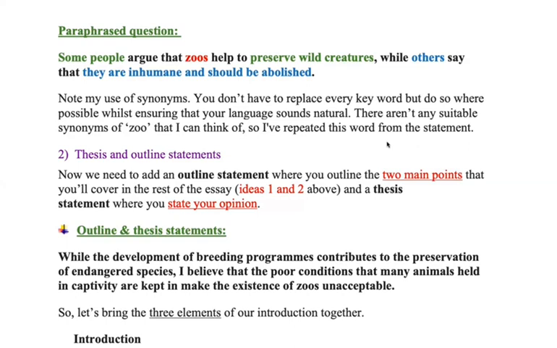Okay, so he says, I'm really glad about this idea, but I believe that the poor conditions of the places where the animals are kept, in captivity, in cages, make the existence of zoos unacceptable.